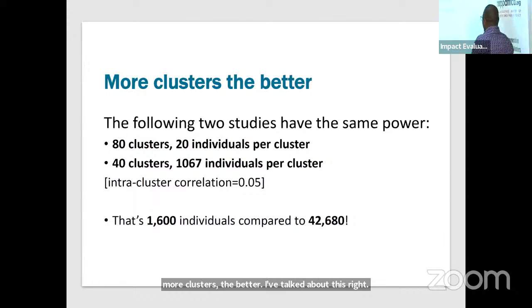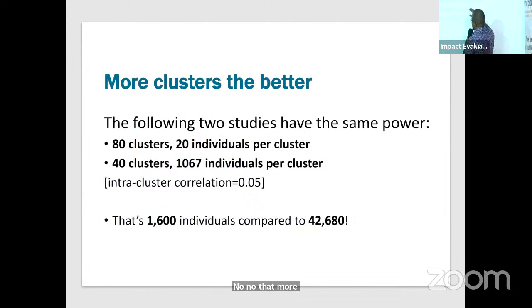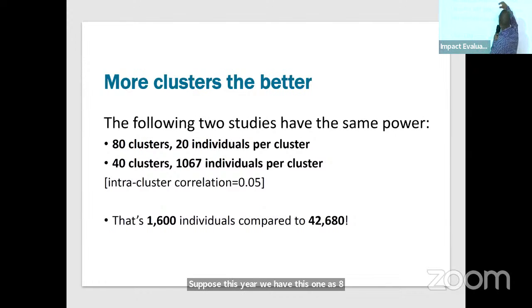If we go back to the two studies, suppose this one has 8 clusters, 20 individuals per cluster, 1,600. This one has 40 clusters and 1,067 individuals within clusters. And intracluster correlation is 0.405. It's very low.